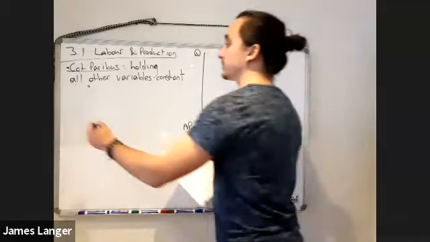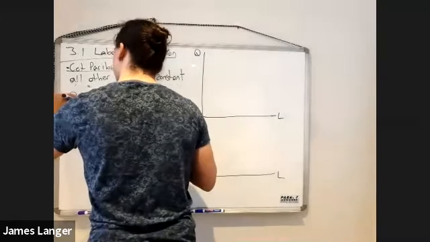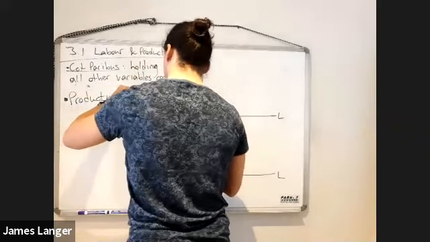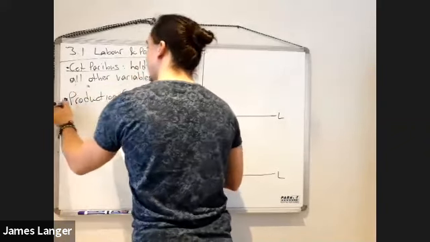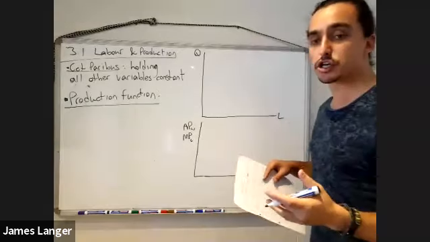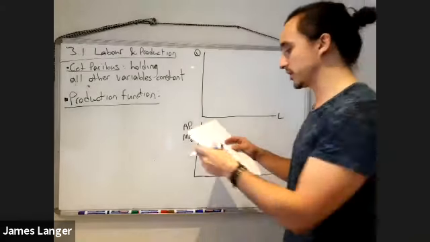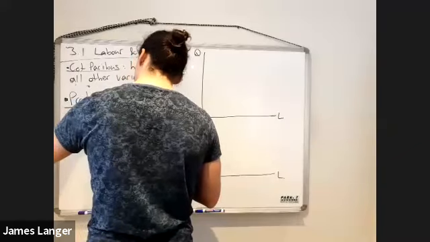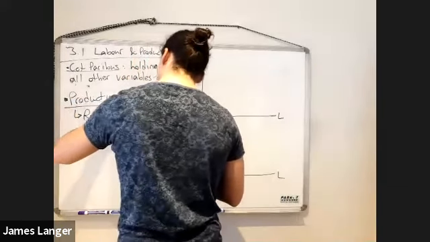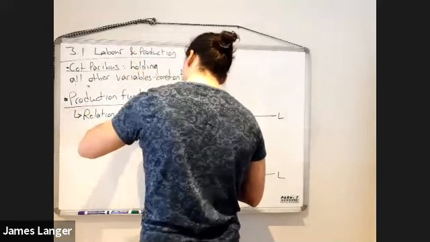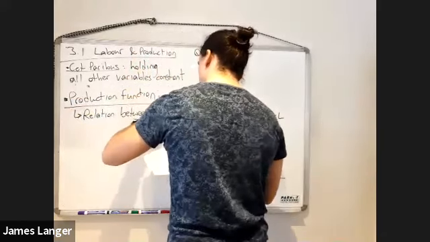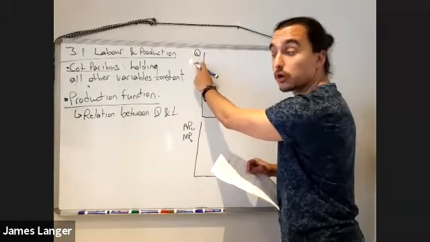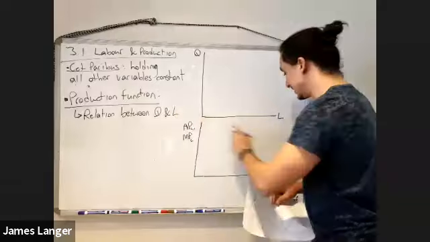What we're going to be looking at now is the production function. And what the production function is, and again, it's in your notes, the wordy definition, is that it basically shows a relationship between Q and L, where Q is output produced, and L is labor.